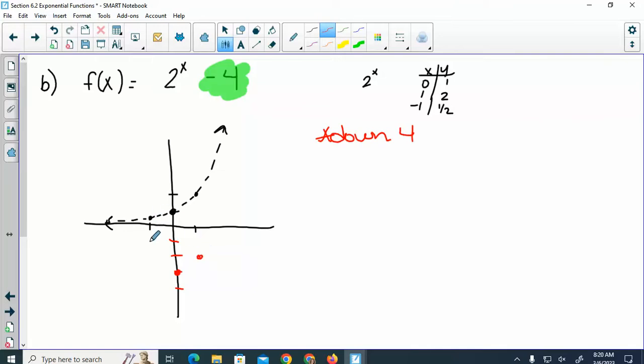If I'm going to move these down 4, what else do I need to move? Horizontal asymptote. Right, I had a horizontal asymptote at 0. When you move up or down, that asymptote gets shifted as well.